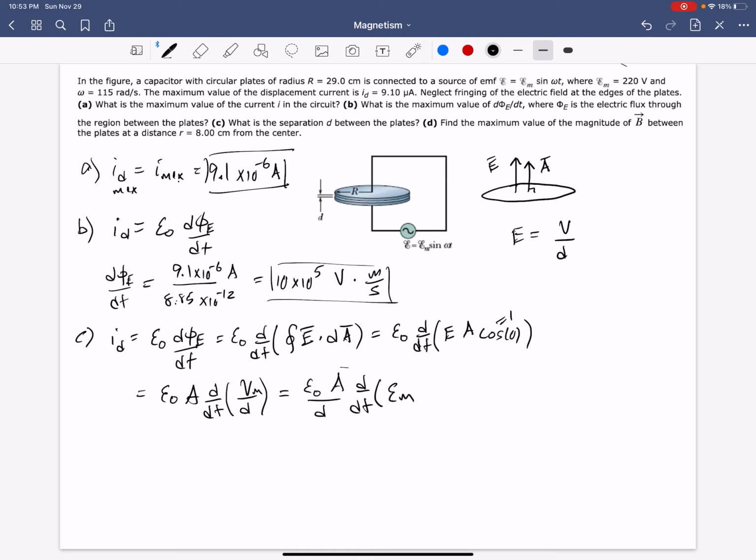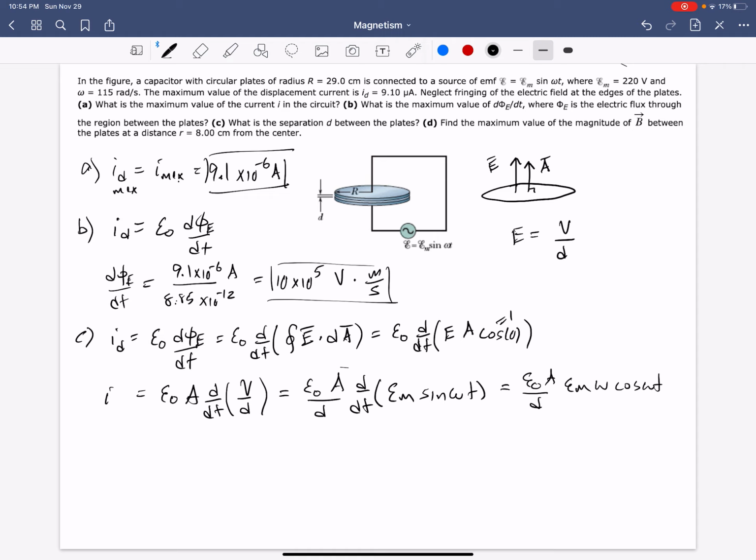V equals epsilon max times sine omega t. Take the derivative of this with respect to time. We get epsilon max omega and then cosine omega t. Sorry, back here, this is just V. I got a little bit ahead of myself. We want the separation distance.